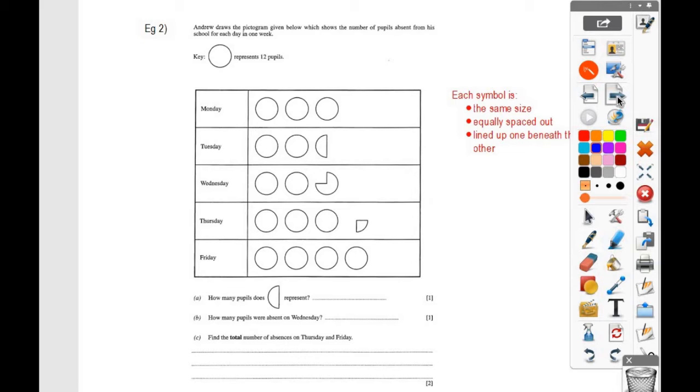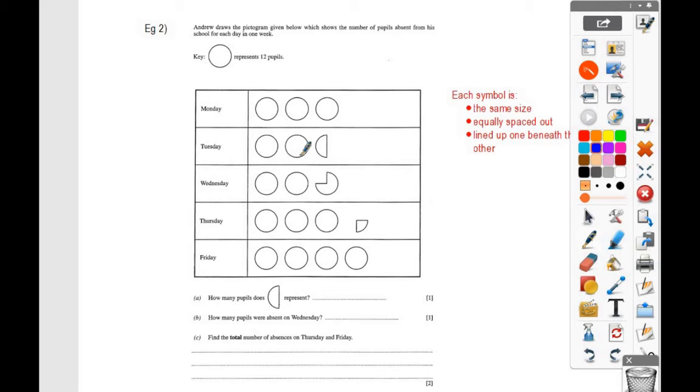It doesn't matter what the picture or the symbol is, as long as each symbol that's drawn is the same size, they're all equally spaced out, and they're lined up one beneath the other. If you have to draw, for example, half a circle, like on Tuesday, it's really important that the half a circle is half of the original size. So you try to keep each symbol the same size.